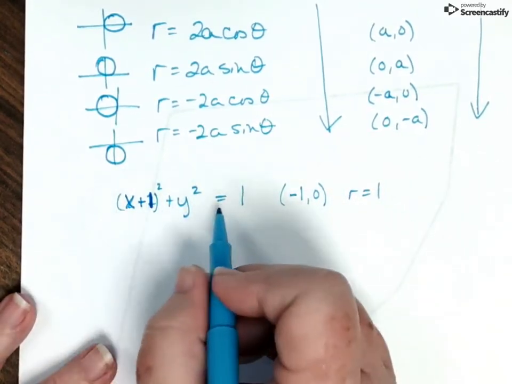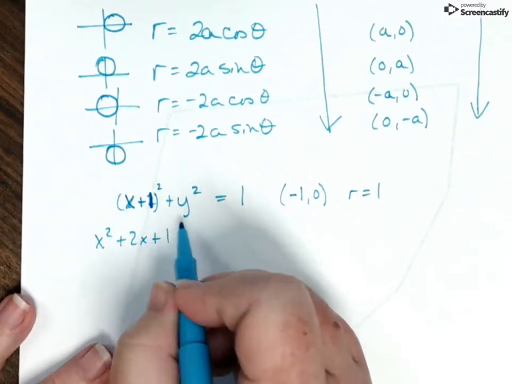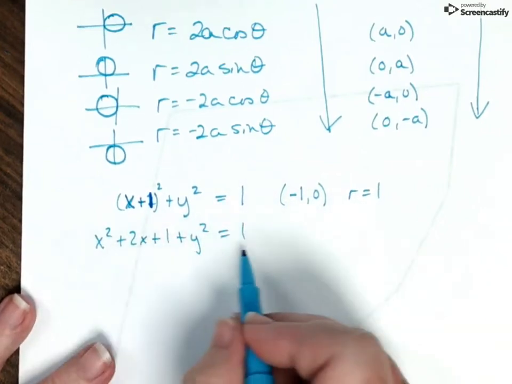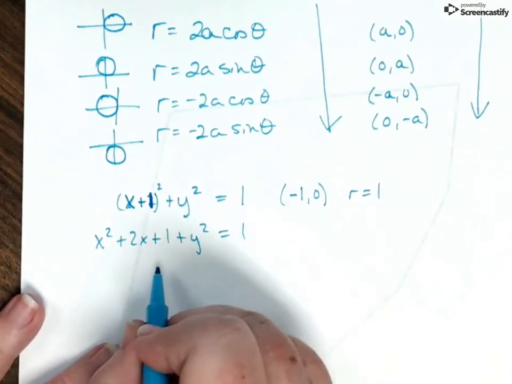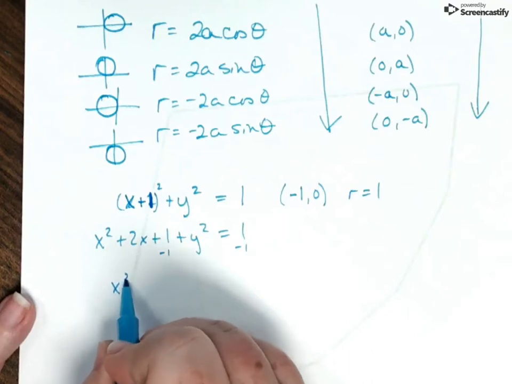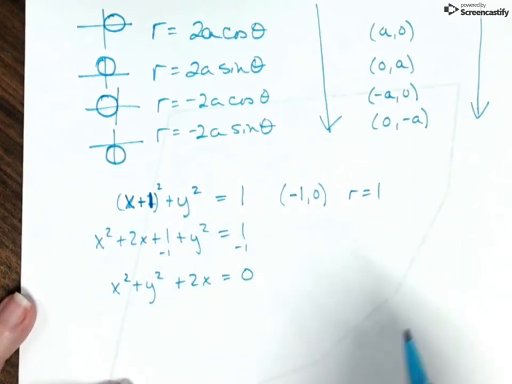Let's take this and multiply that out. x squared plus 2x plus 1 plus y squared equals 1. Let me combine the things I need to have together to convert to polar. I'm going to subtract 1 from both sides, and that gives me x squared plus y squared plus 2x equals 0.